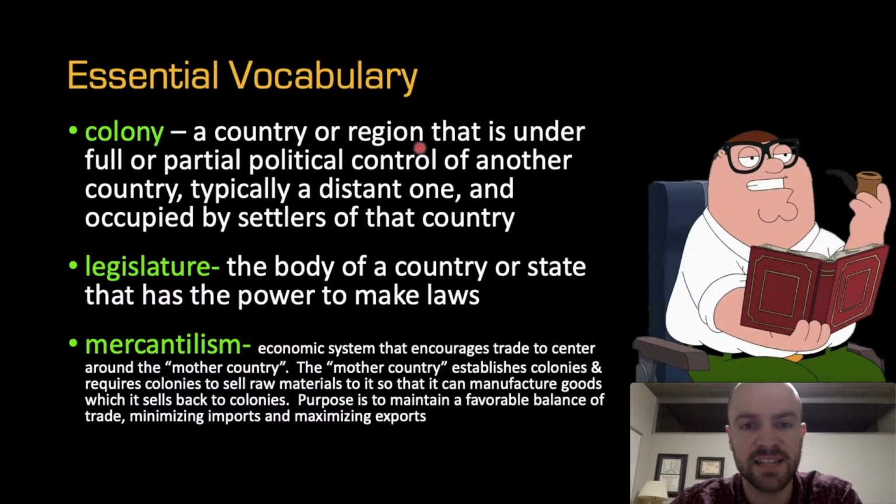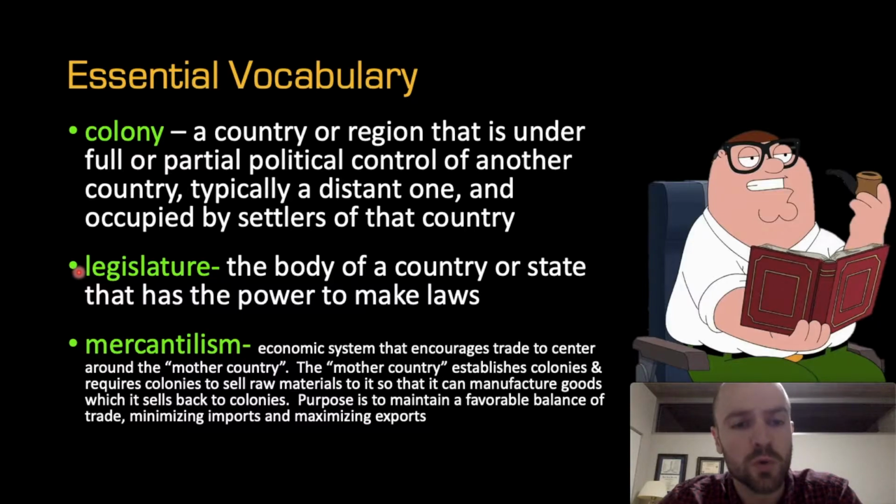In this case, it's a region, because South Carolina, Virginia, and New York were not their own countries. So we're talking about a region that is under full or partial political control of another country, in this case England, Great Britain, typically a distant one, and occupied by settlers of that country.